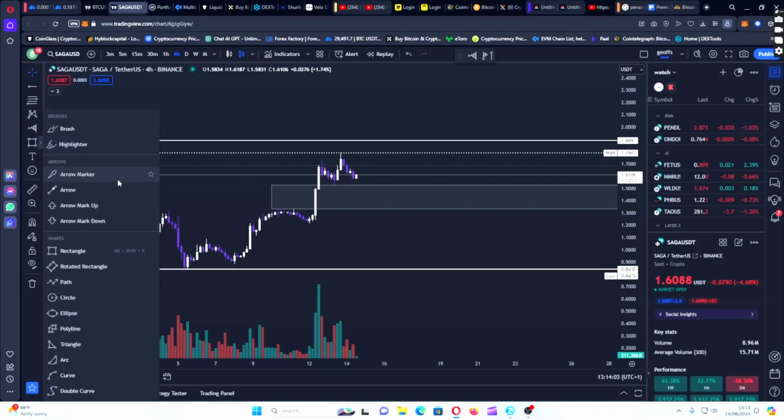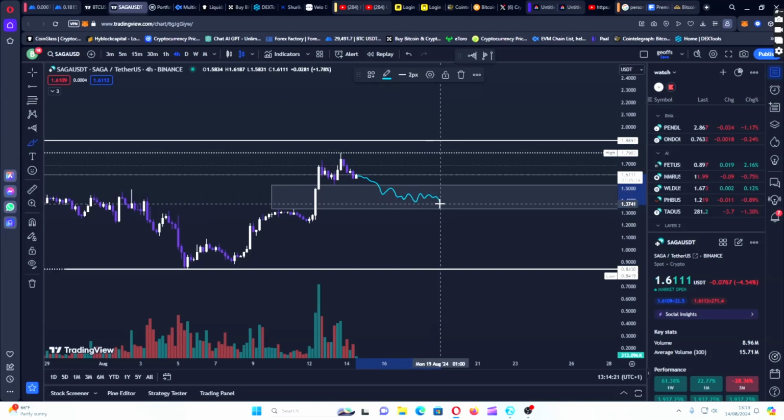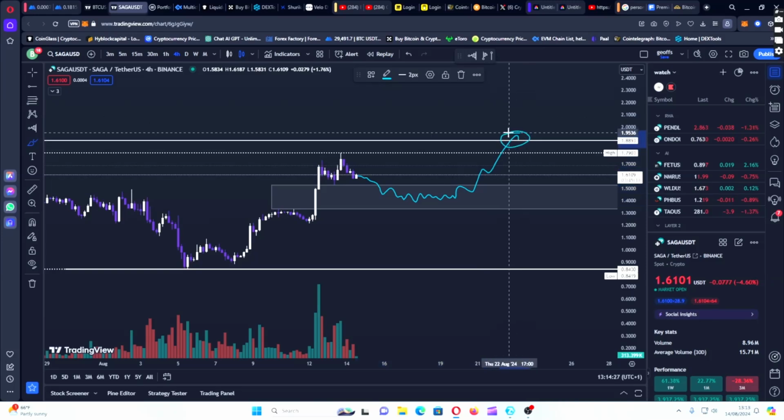Let's have a little look. Don't know where my brush has gone now. So I were expecting something like this into this area. If it inverts it, then yeah, I'll hold that short. If we're holding here like this, we could potentially be going off and taking out that high there.